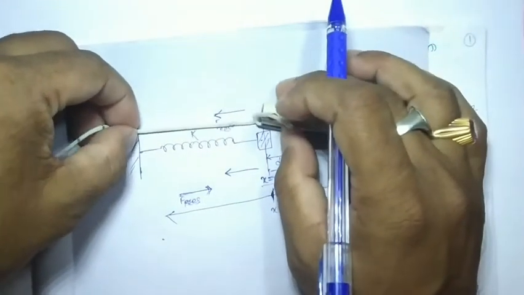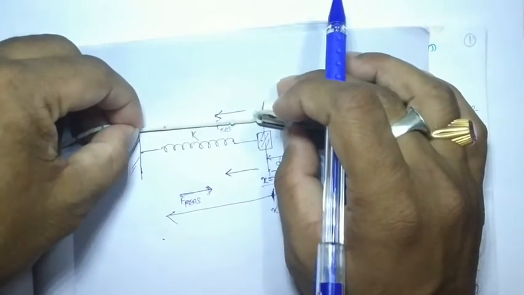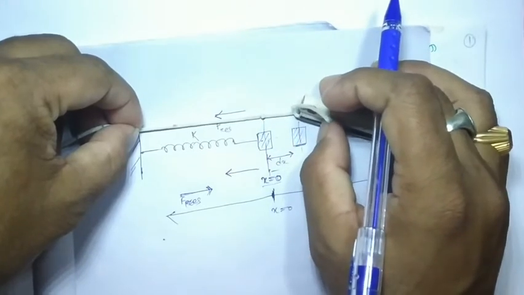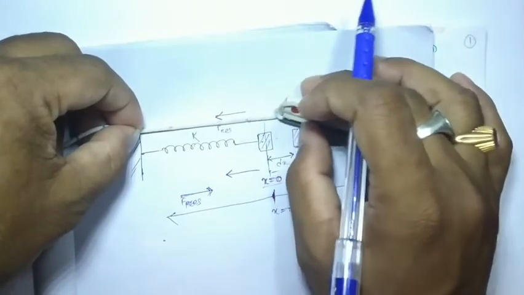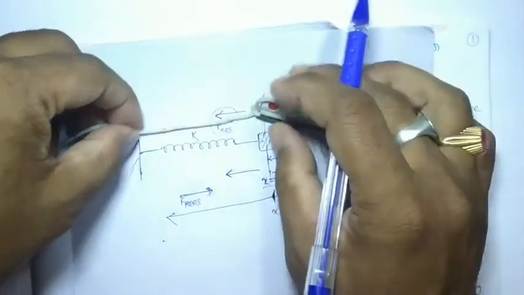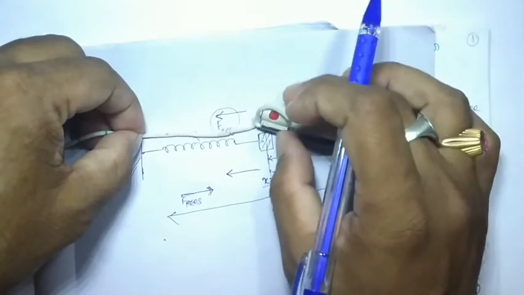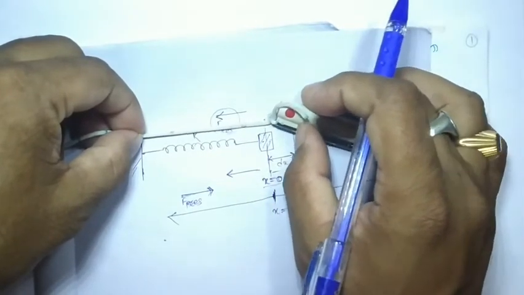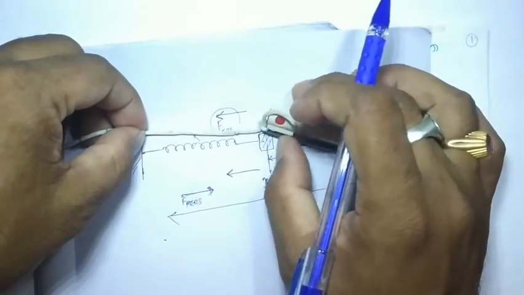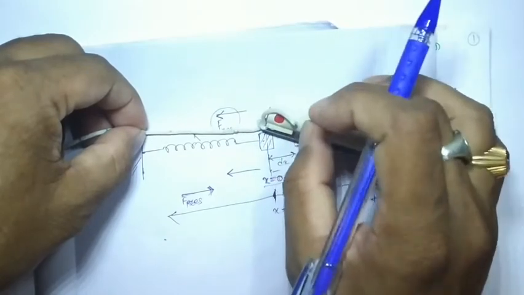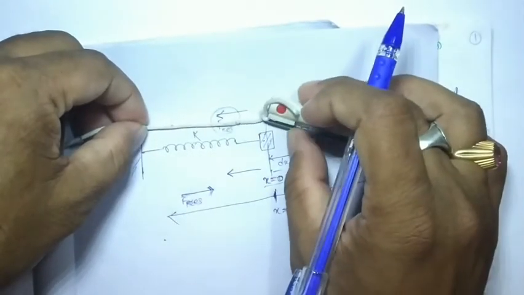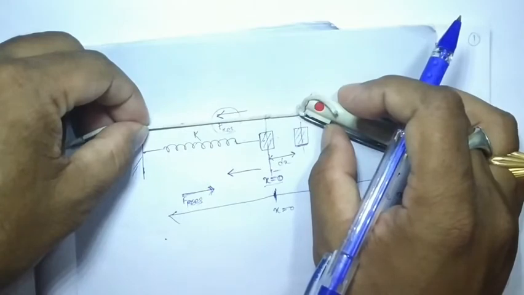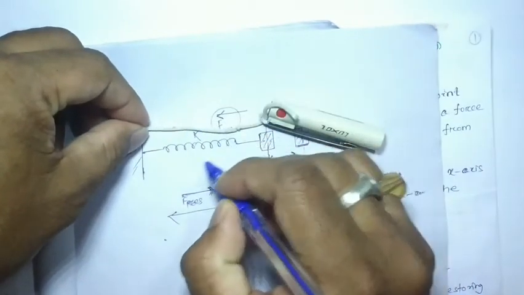From this situation, if I displace this body by a certain distance, I do some work against this restoring force. Only for that I am able to displace this object up to a distance, right? That much amount of work is stored as energy inside this spring.